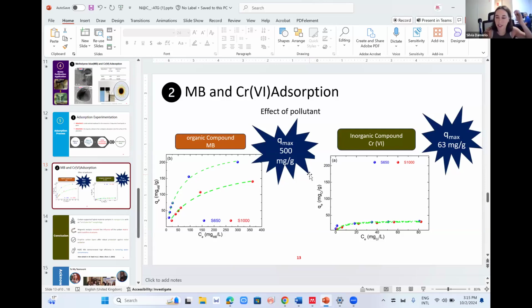I see, okay. There is one more question quickly in the chat that I don't know if you can see. Maria is asking if there is a way to predict the most interesting or efficient phases or crystalline structures of nickel nanoparticles for water purification, or is it pollutant dependent?